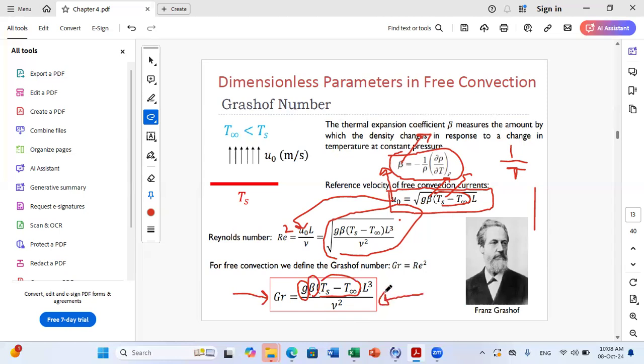You just have to understand that the purpose of our study is to get h. And to get h, we need to relate the Nusselt number to parameters like delta T, beta, etc., to be able to, at the end, come up with empirical relations that will allow us to calculate h. This is the final purpose, and in the coming slides, you'll understand better what we mean by this.